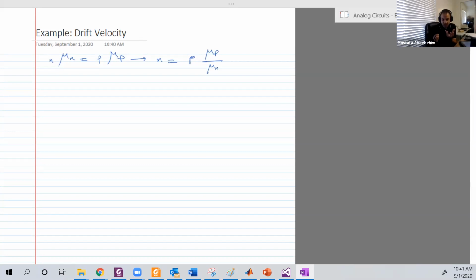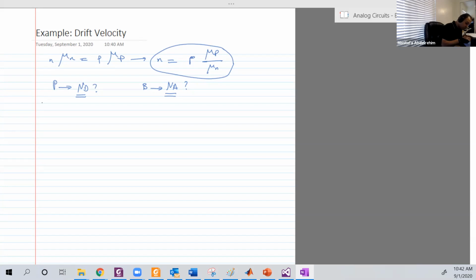How much Nd, how much Na? How many phosphorus atoms, which is Nd, and how many boron atoms, which is Na? I want to add donor atoms and acceptor atoms, with some amounts, such that n equals p mu p over mu n.